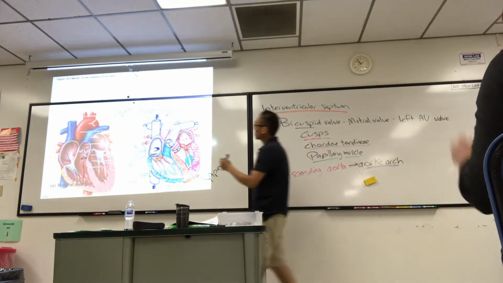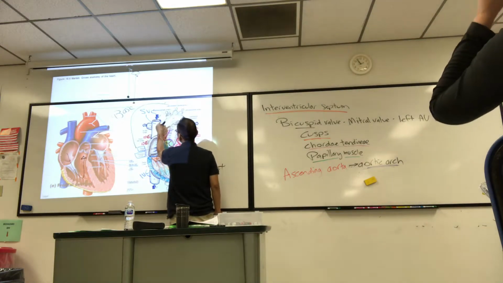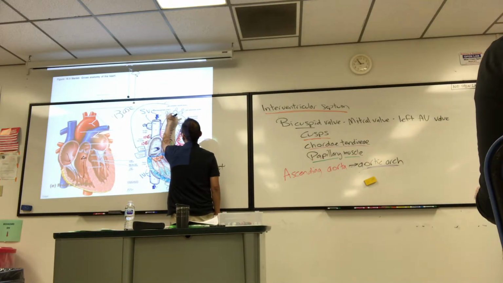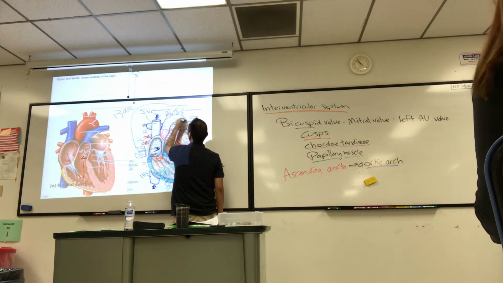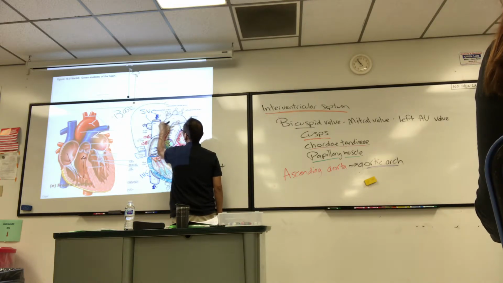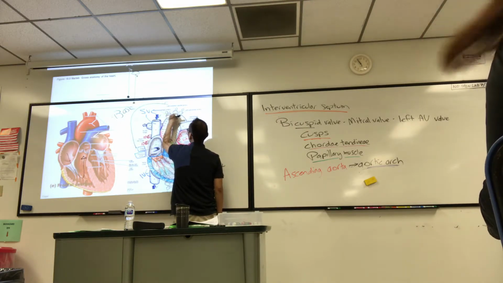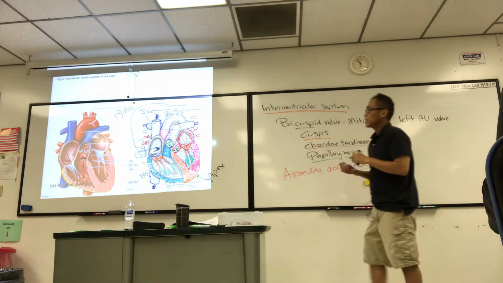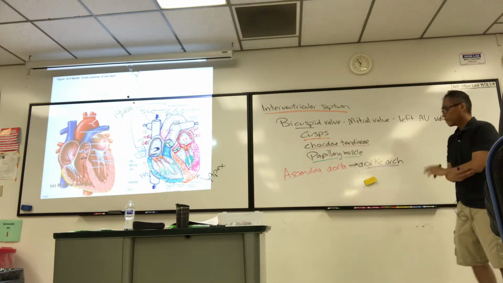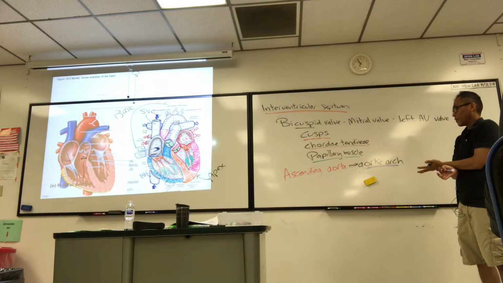So the aortic arch continues on right there. It's a candy cane. It's an arch. Basically, it's a continuation of the ascending aorta. They just call it different things.